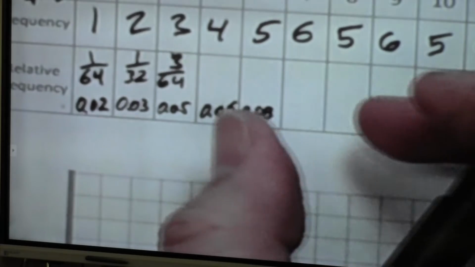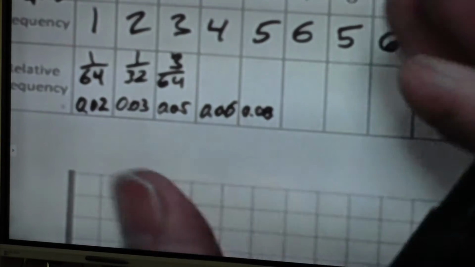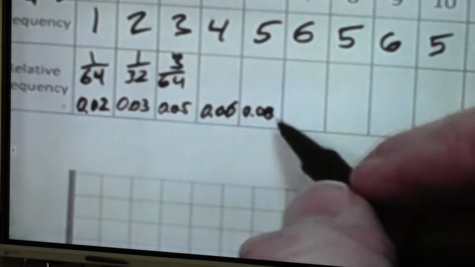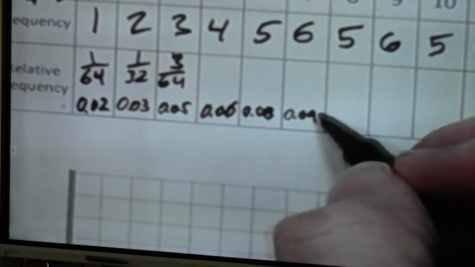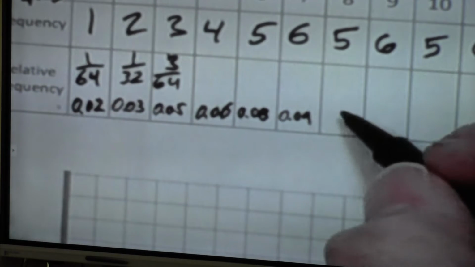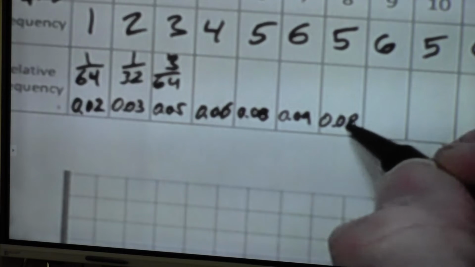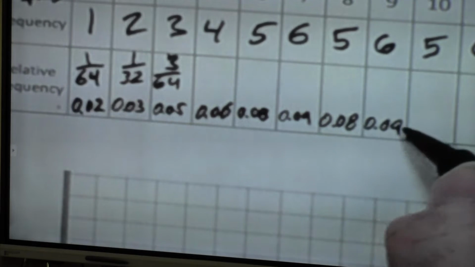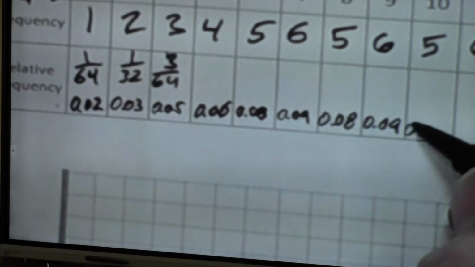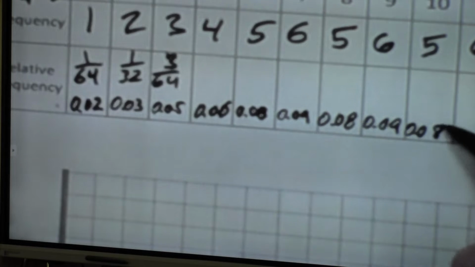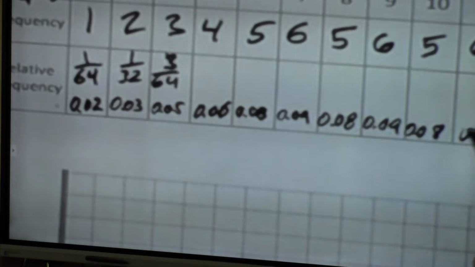This is as large as I could make these, given that I was fitting them all in on one row. 0.09. 8 is 0.08, 0.09, 0.08 again. It's nice when some of them are the same.